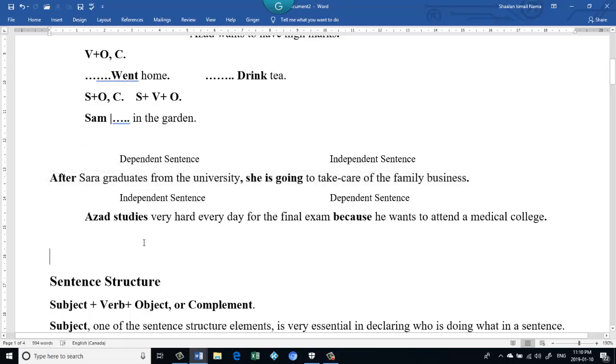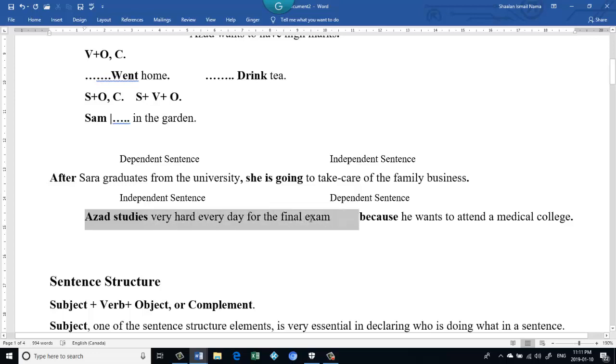If we look at the sentence here, Azad studies very hard every day for the final exam. If we look at the sentence until here without this part, Azad is the subject, studies is the verb, then we have the complement.